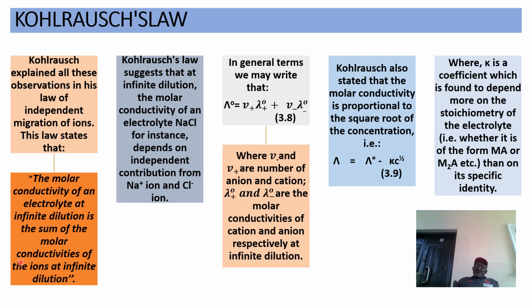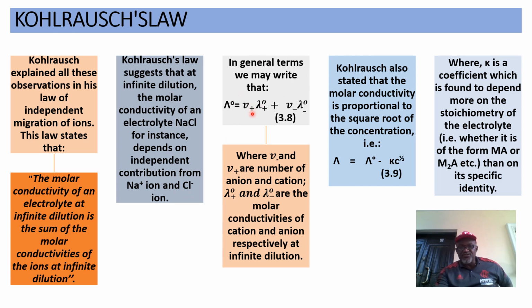In that case, Kohlrausch is saying that the molar conductivity at infinite dilution for acetic acid is equal to the molar conductivity of the positive ion, the hydrogen ion, plus the molar conductivity of the acetate ion. That is the sum of the two independent migrations of ions. Therefore, Kohlrausch's law suggests that at infinite dilution, molar conductivity of an electrolyte, for example sodium chloride, depends on independent contributions from the sodium ion and the chloride ion.